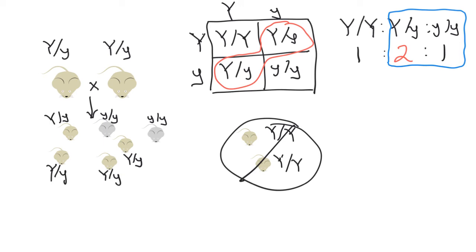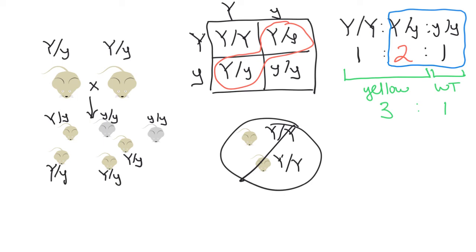If we look at the phenotype ratio from this 1-to-2-to-1 genotype ratio, all of the individuals that have 1 or 2 capital Y alleles should be yellow. So that's 3 to every 1 individual that should be wild type. So what we should observe, and what we predicted based on Mendelian inheritance, was a 3-to-1 inheritance pattern.